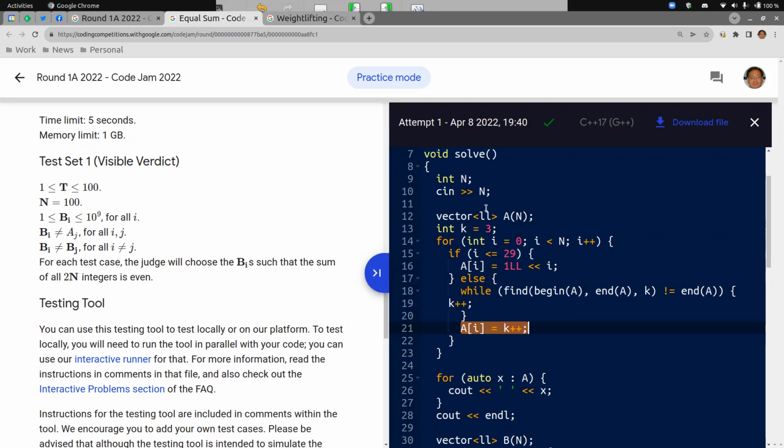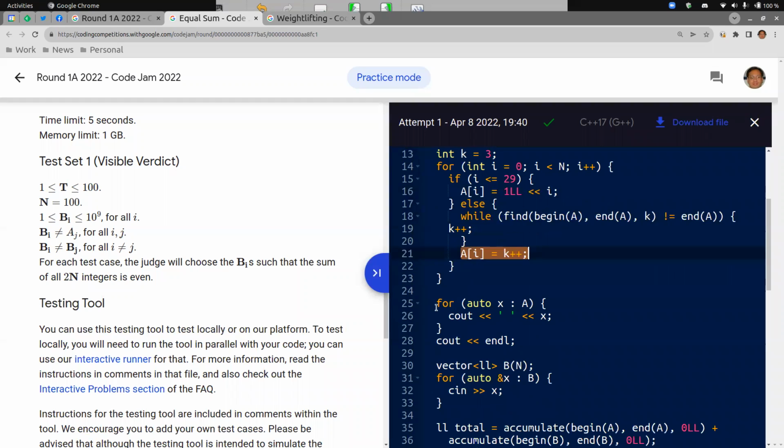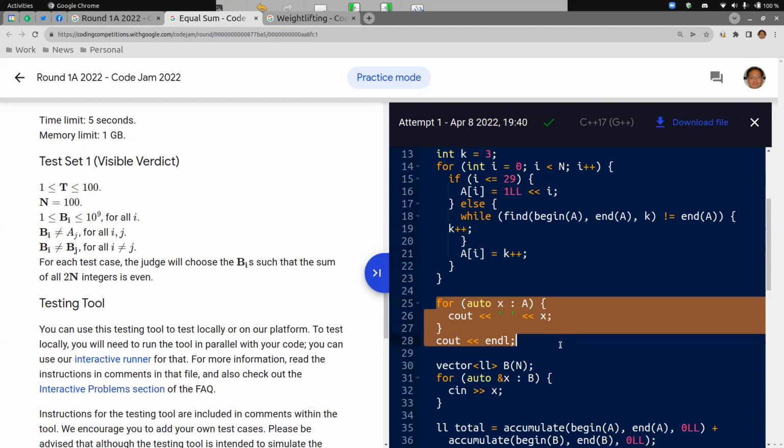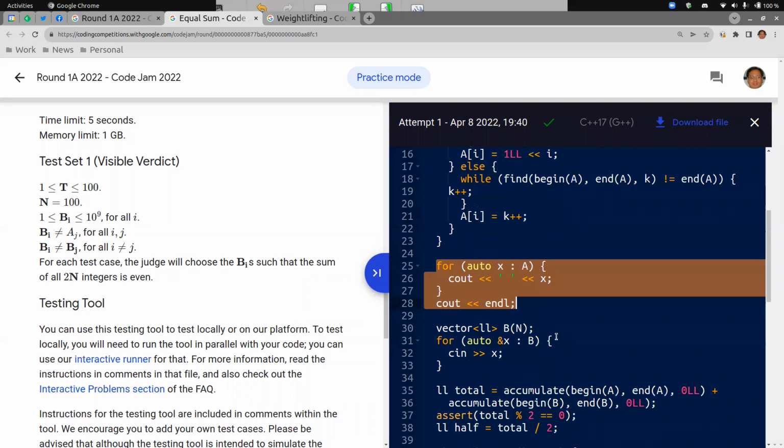Anyway, this is how I do it. The main thing is you don't want duplicates, and that's how I make sure there are no duplicates. This part I just print out my A, so this is my powers of 2 plus a bunch of other numbers.